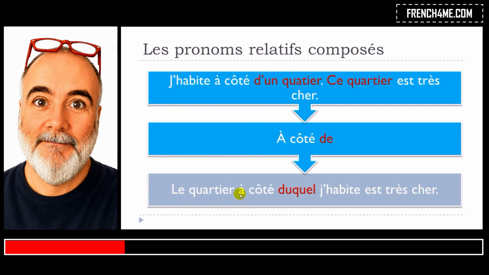So, le quartier, first position, then à côté duquel. We keep this à côté de, and then we combine it with lequel, so it will become duquel. Then we put back our verb from the first sentence, j'habite, and then we put the rest of the second sentence at the end, est très cher. And we get this beautiful sentence: le quartier à côté duquel j'habite est très cher.